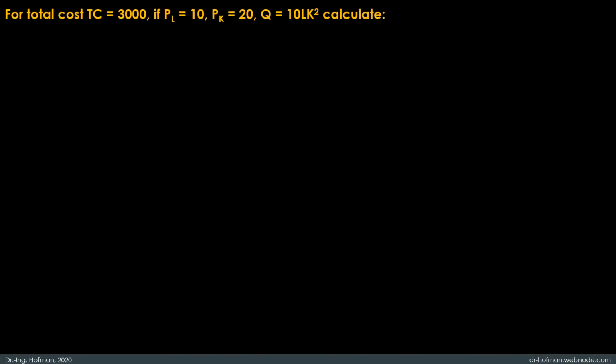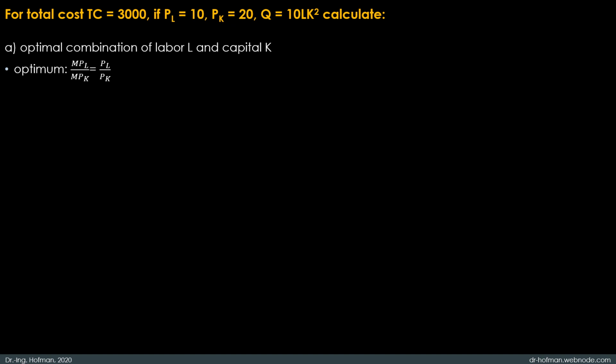For total cost TC equals 3000, if price of labor is 10 euros and price of capital is 20 euros, and the function Q is 10LK squared, calculate in A point the optimal combination of labor L and capital K. We know that the optimum is the point where marginal product of labor divided by marginal product of capital equals price of labor divided through price of capital.